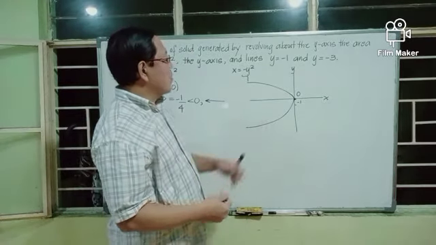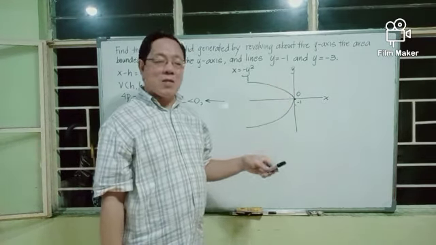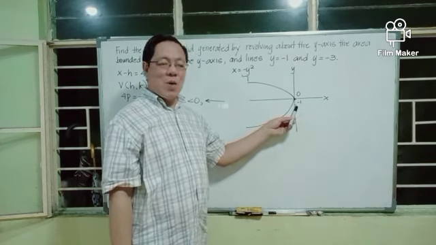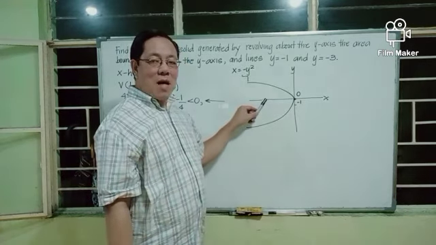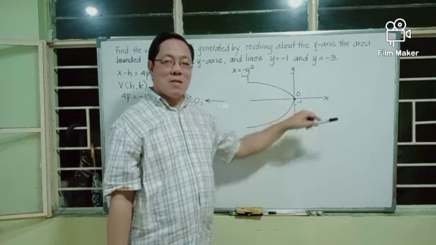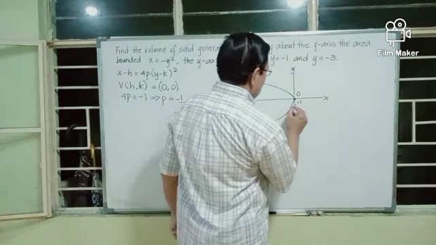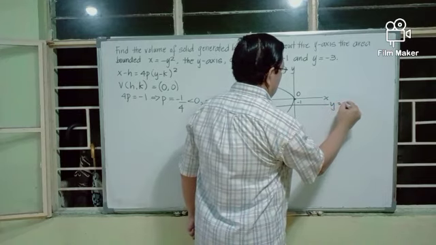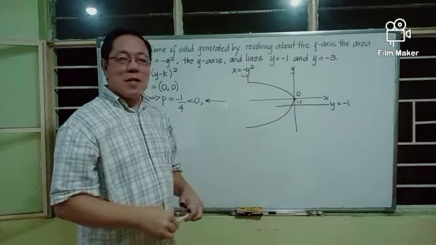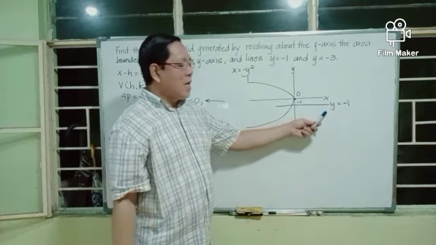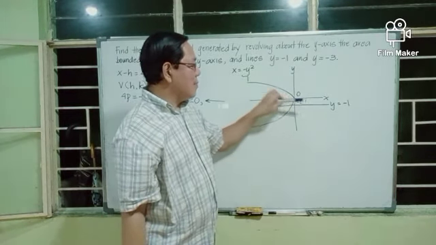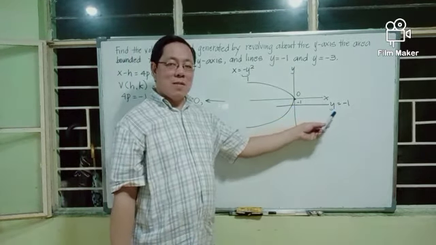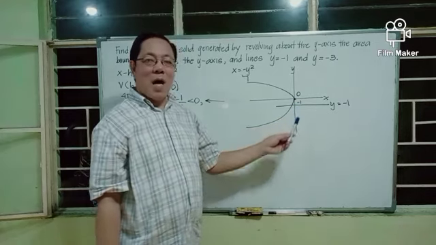The line with the equation y equals -1 is a horizontal line that will pass through this point on the y-axis, parallel with the x-axis, perpendicular with the y-axis. This is the graph of the line y equals -1. It's a horizontal line parallel with the x-axis passing through this point y equals -1 and perpendicular with the y-axis.